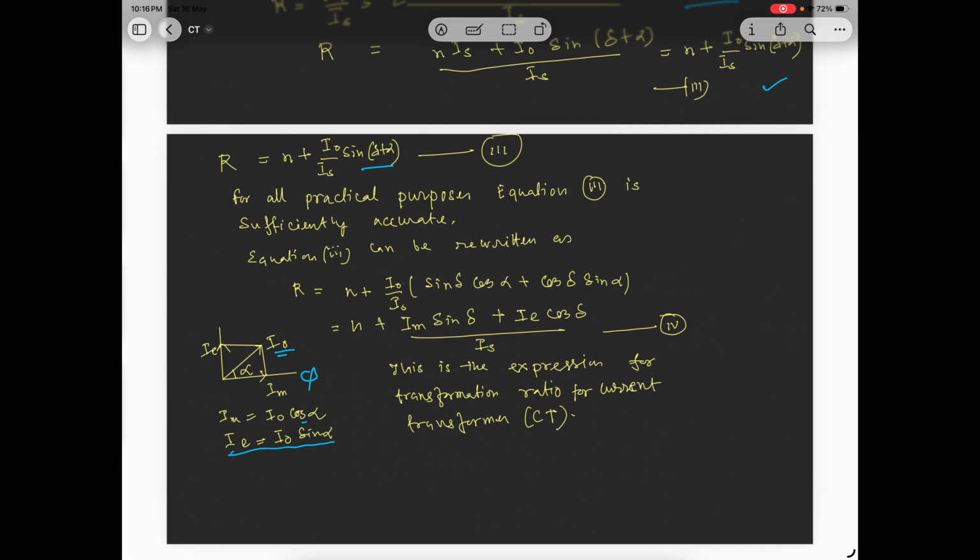So here I0 cos alpha is there, so this is equal to IM and I0 sine alpha is there, so this is equal to IE. So in terms of magnetizing current and effective current, I can write down the expression R is equal to N plus (IM sine delta plus IE cos delta) by IS. So this is the expression of the transformation ratio.